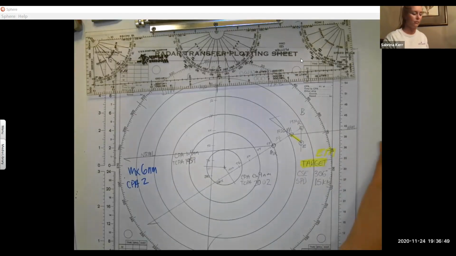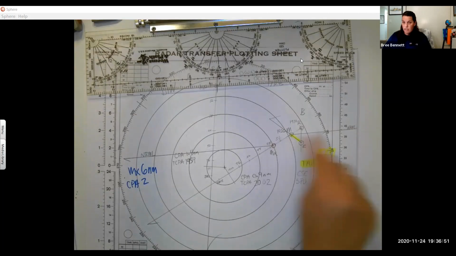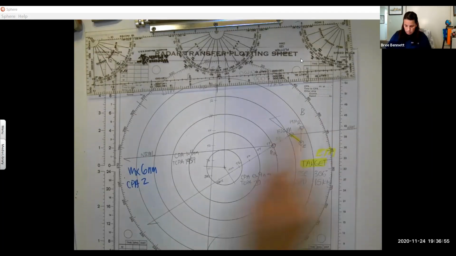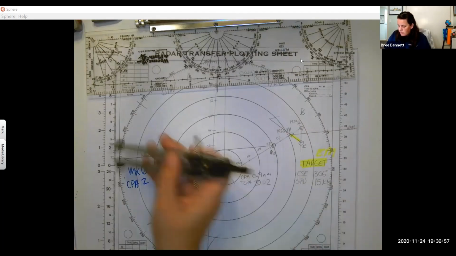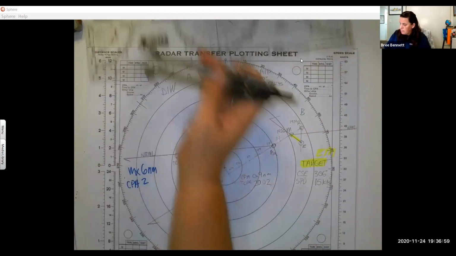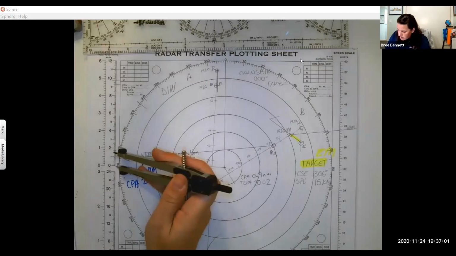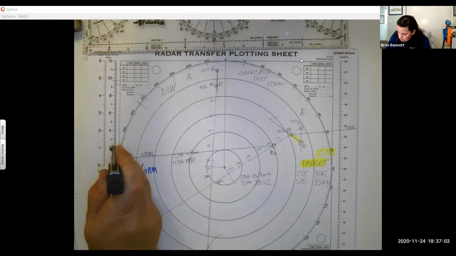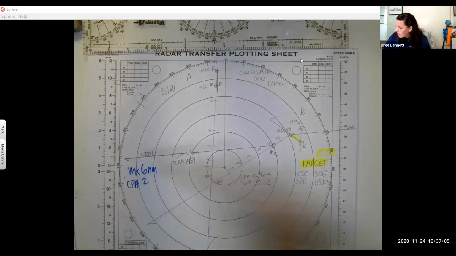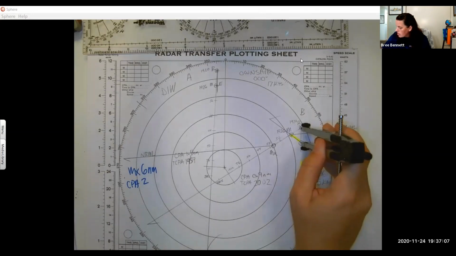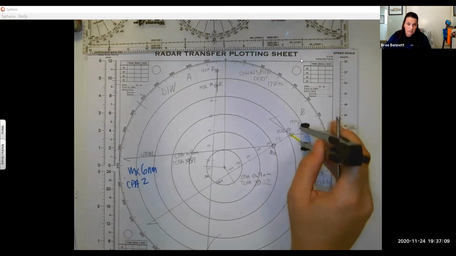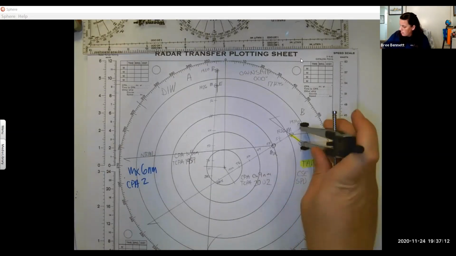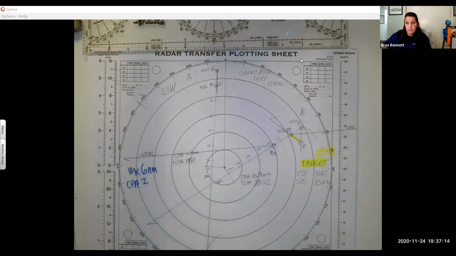Yes. Okay, so we have our new relative motion line in our triangle, and I want to figure out what my new course will be. My speed was 17 knots. I think I still have that on here. E to R, 17 knots. And I'm going to swing that arc.